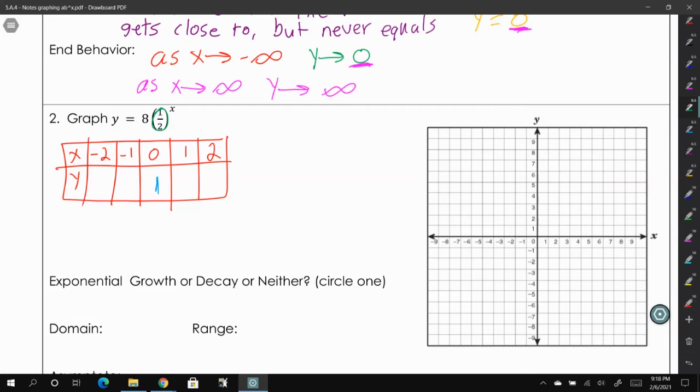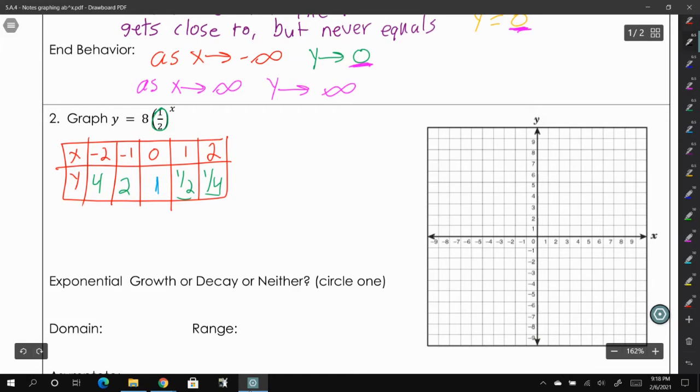So now we're going to multiply it by 1/2. 1 times 1/2 is 1/2. 1/2 times 1/2 is 1/4. And then going backwards, 1 divided by 1/2 is 2. 2 divided by 1/2 is 4. Or remember, you can flip those values.